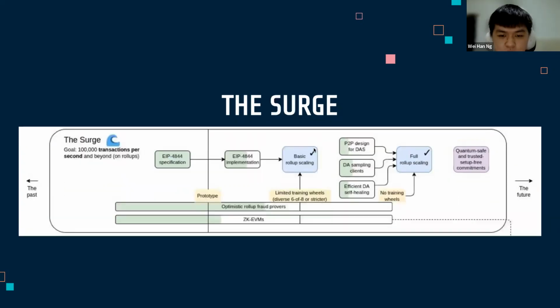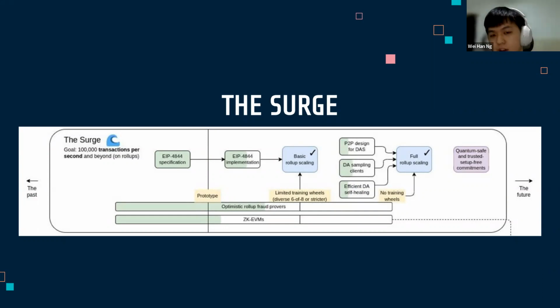And the next one is called the Surge. The Surge is also something very interesting that will happen, I think, very soon, with this EIP 4844 implementation. The Surge is basically trying to scale the entire network. The current transactions per second for Ethereum is about 12 to 13 transactions per second.